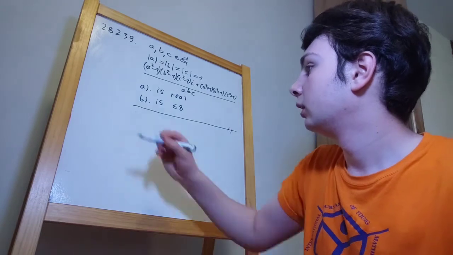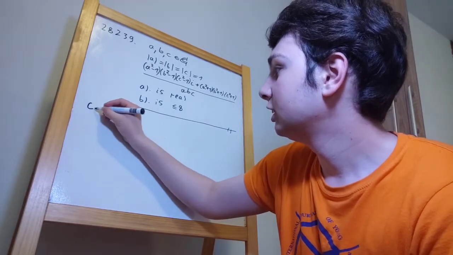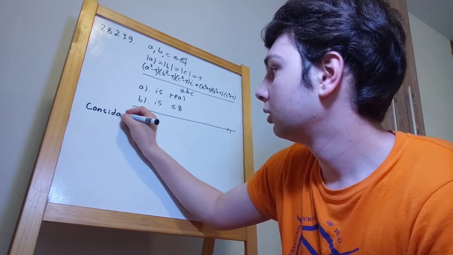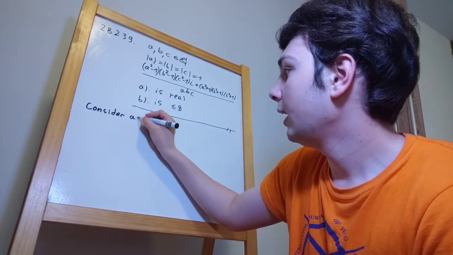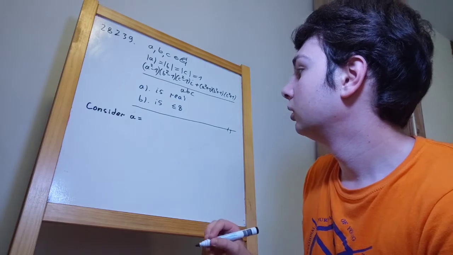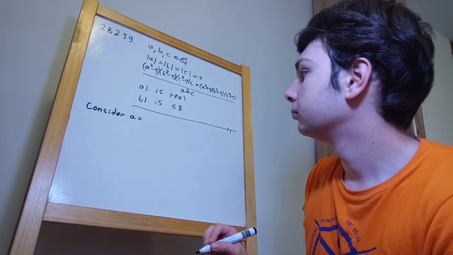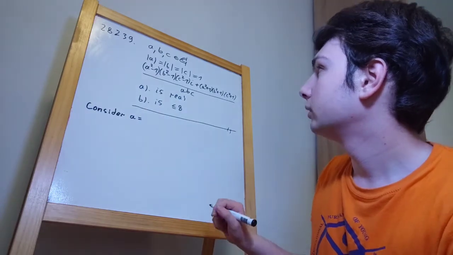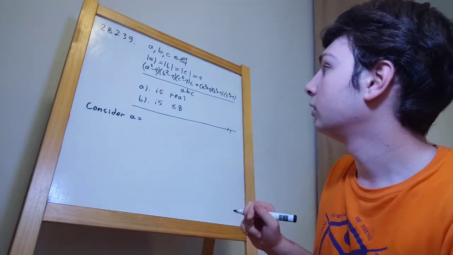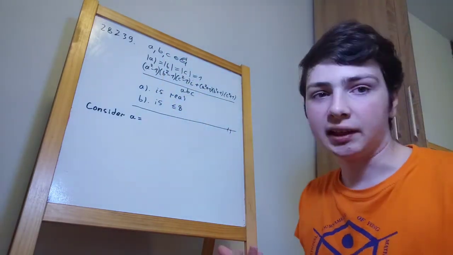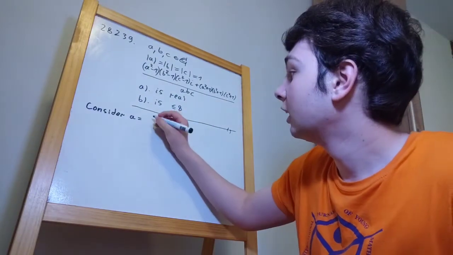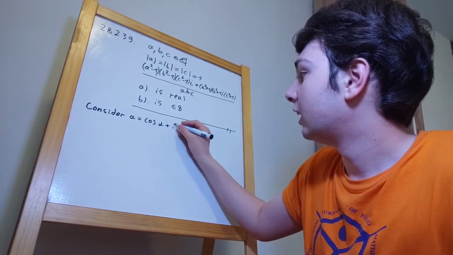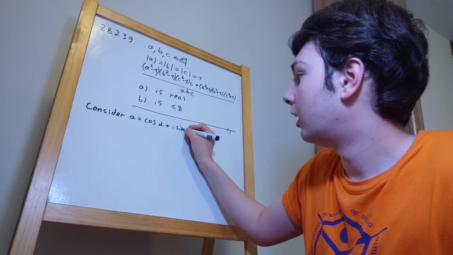So consider A is equal to, well, as you notice here, the radius of A is equal to 1, so we can just write this as cosine of alpha plus I sine of alpha.